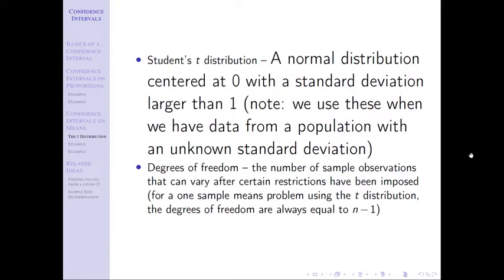What I mean by that is this. If I were to say we have data of 5 observations, but I know what the mean is. Let's say the mean is 4.5. 4 of those observations can be literally any number you want.